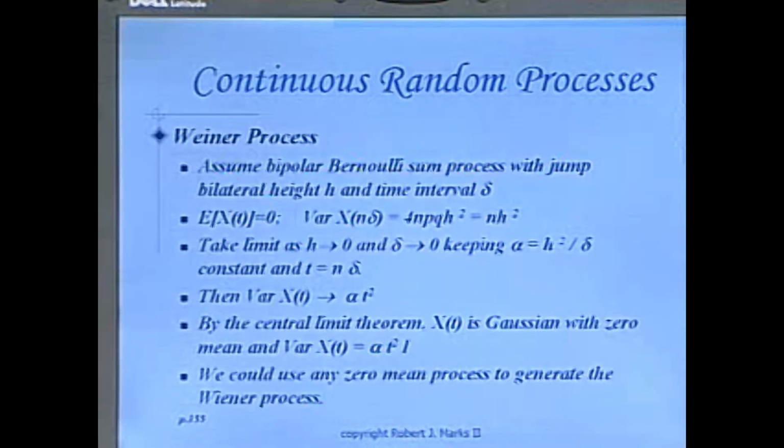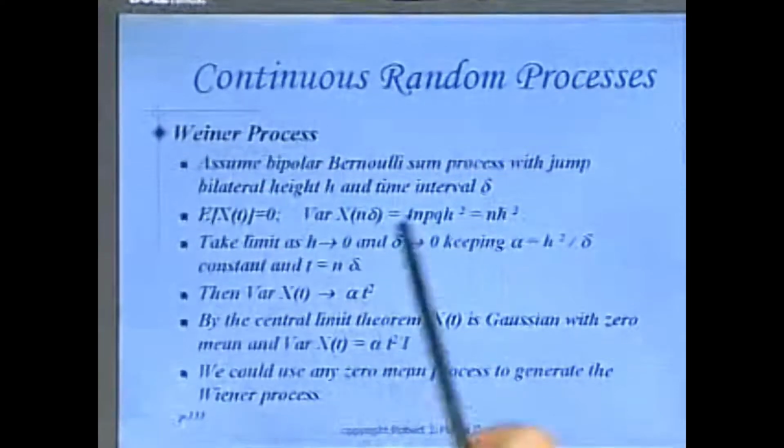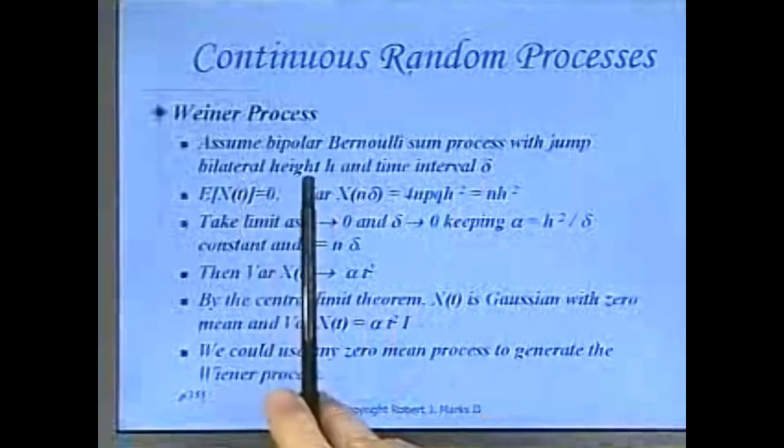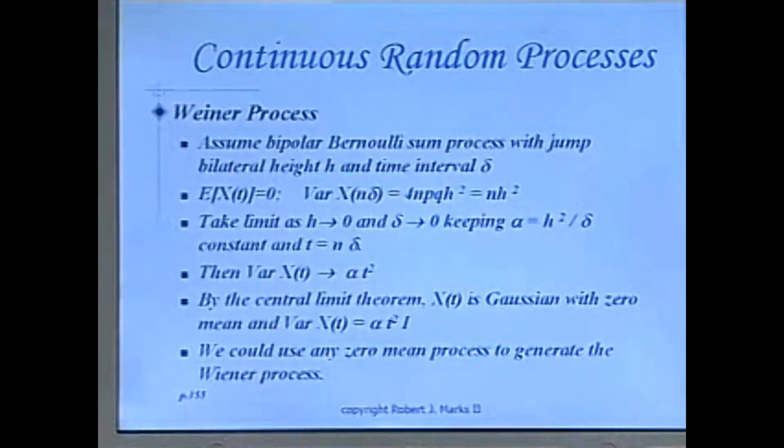The way that we do the Wiener process and the way that we visualize it is as follows. We assume that we have a random walk of statistically independent IID random variables which are uniform. So we assume a bipolar Bernoulli sum process but with a bilateral height. In other words, we flip a coin, and if it's heads, we go one step to the right.